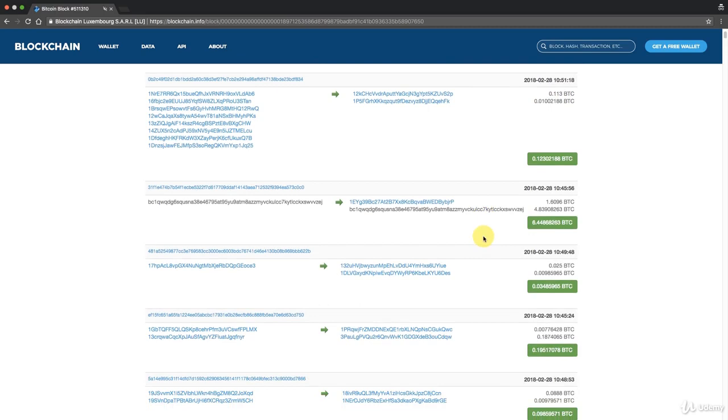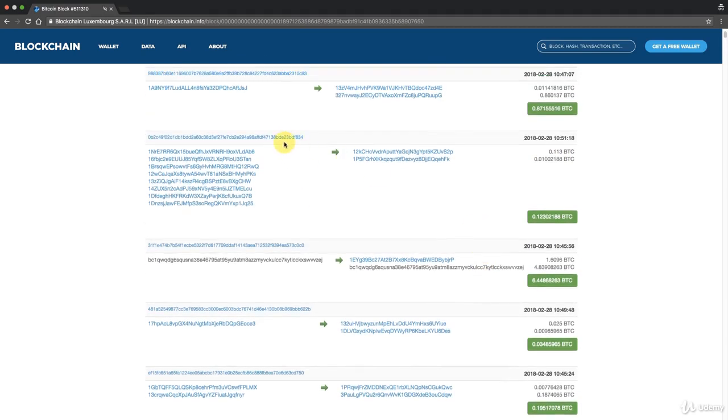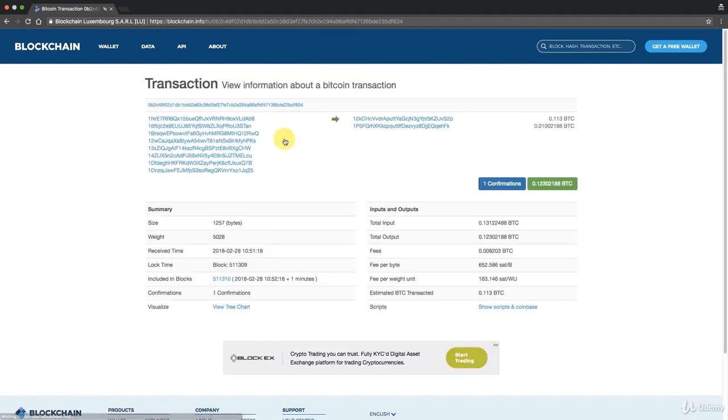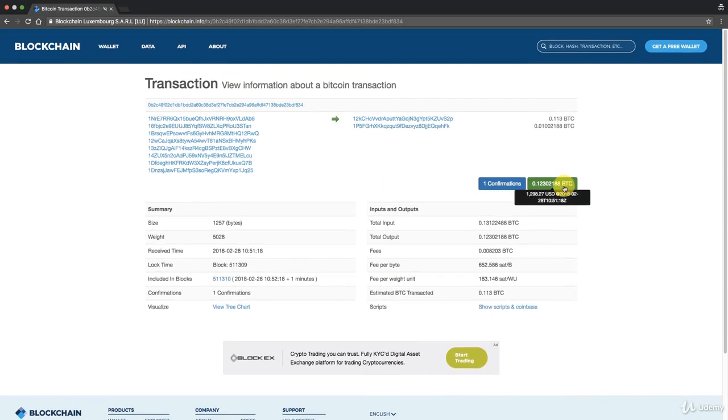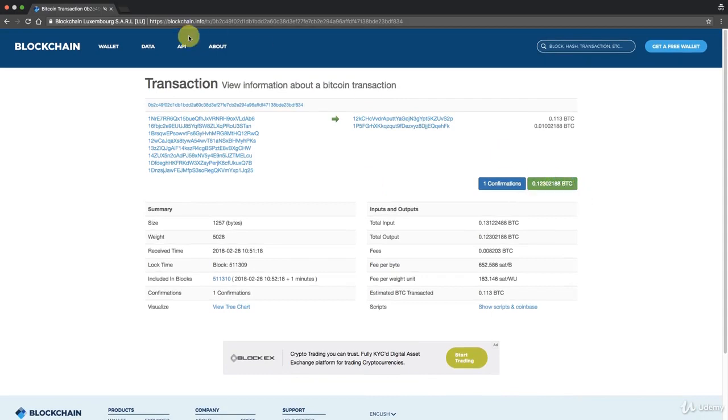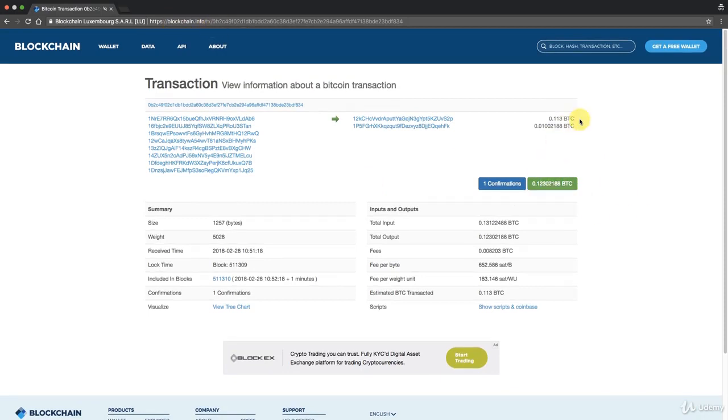What else? So you can click on a transaction. Let's have a look at this one. And you can see how it's happening over here. So another thing, this amount is what blockchain.com or blockchain.info estimate the actual spend is.